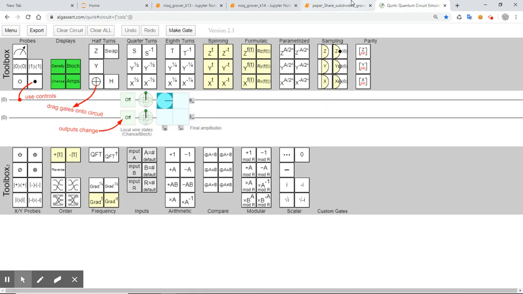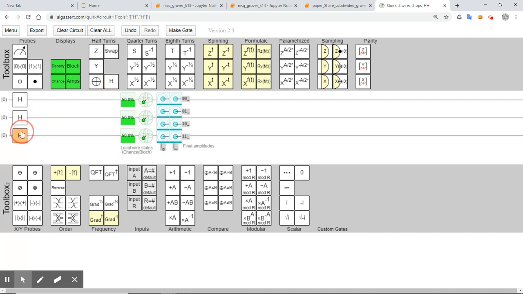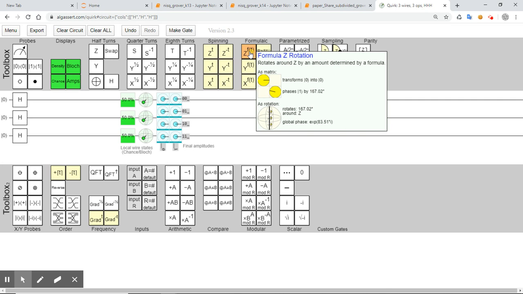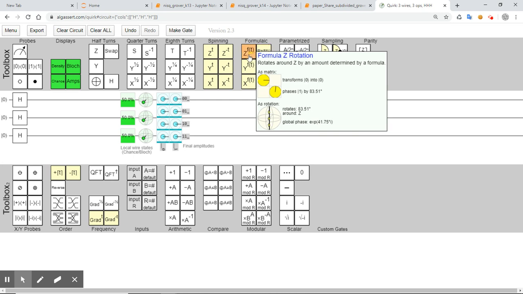I all the time assume that what we're using is Z rotations and not the RZ gate, which is different. It's different in terms of how the phase works, because there's no global phase in here, right?